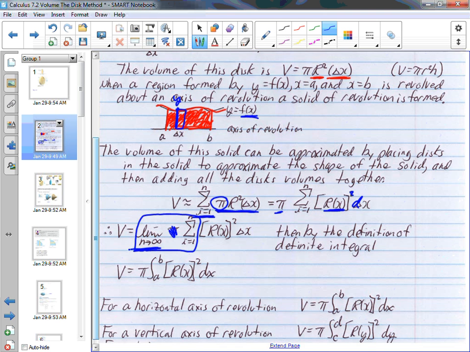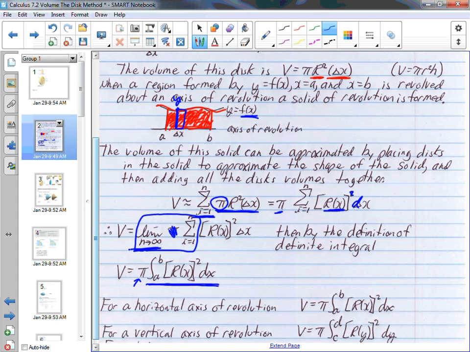But the limit as n approaches infinity of the sum from i equals 1 to n of something dx, that's the definition of a definite integral. So all of that becomes the integral from a to b of pi, but put the pi in front because it's a constant, times the radius squared dx. All of that's for a horizontal axis of revolution.